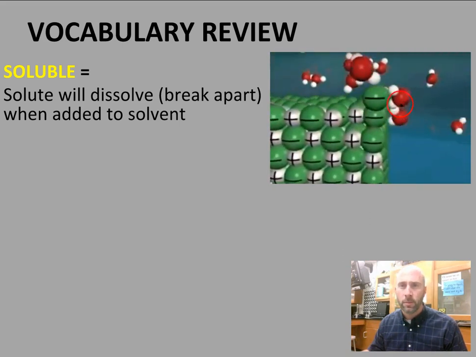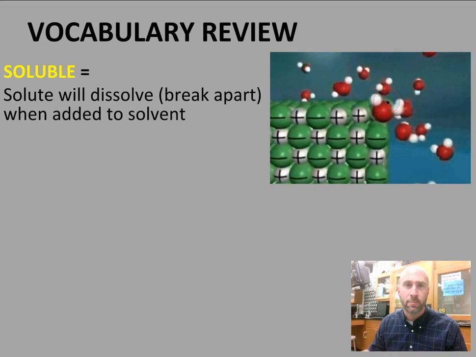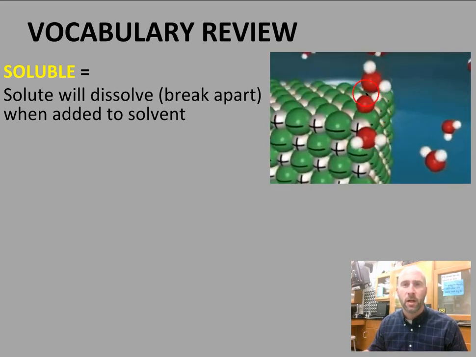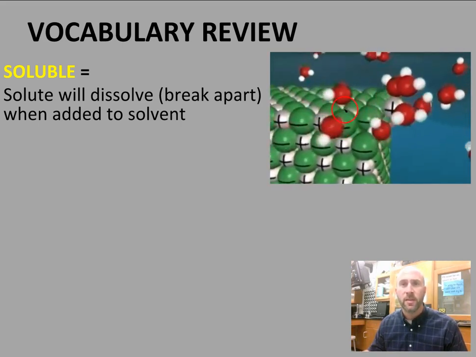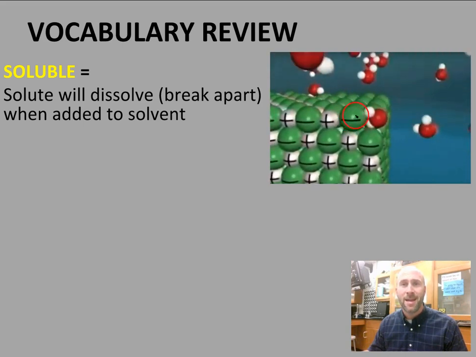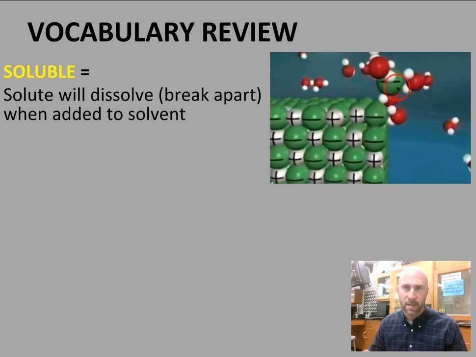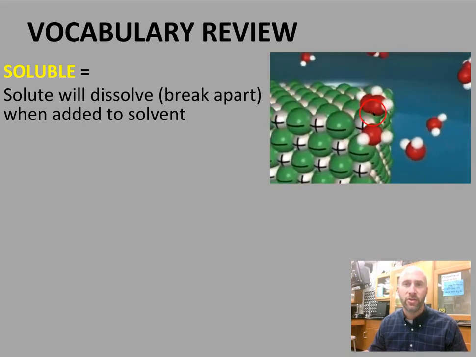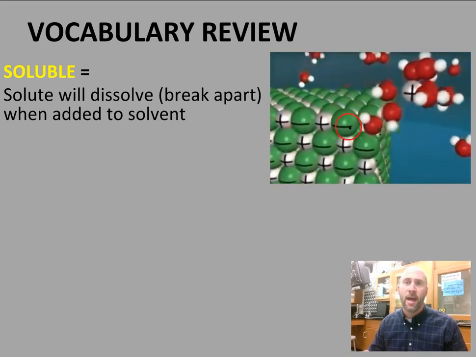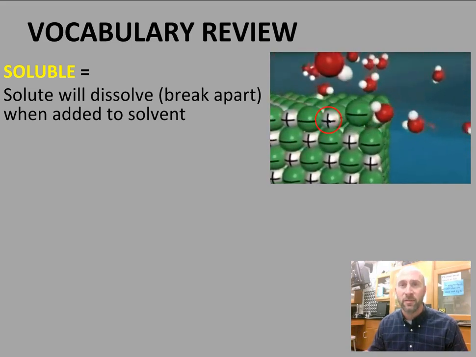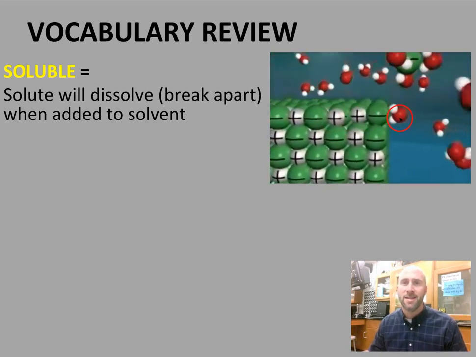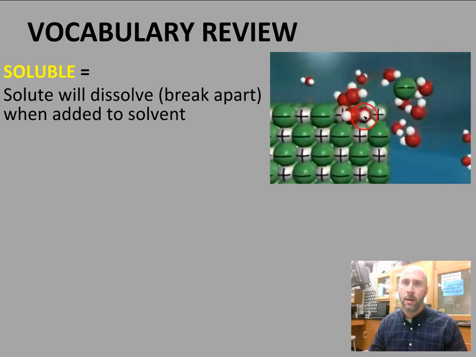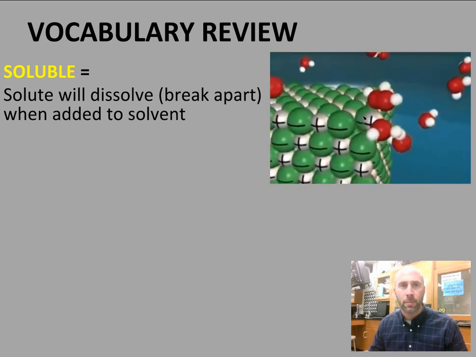The water molecules are going to go in here, and they're going to break apart the solute. In this case, the little negative ions in that salt, the little chlorine ions, are attracted to the positive hydrogens of the water. And then conversely, the positive ions in the salt are attracted to the negative oxygens of the water. And it's going to break it apart.